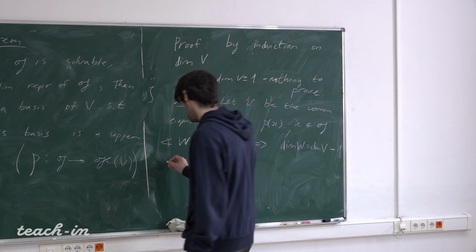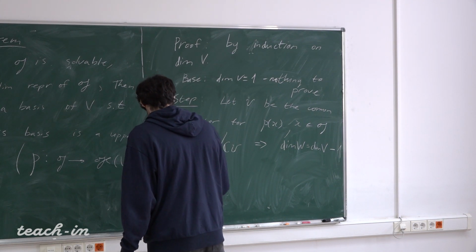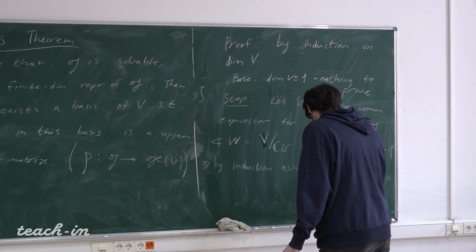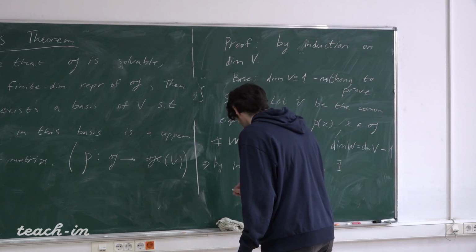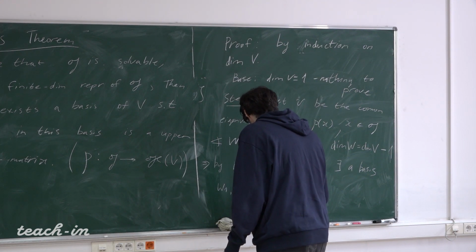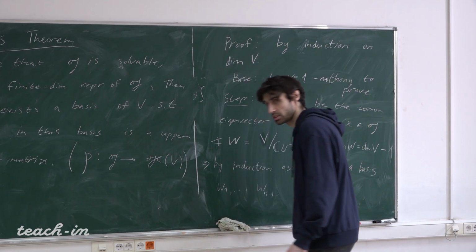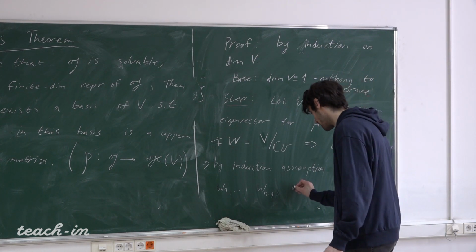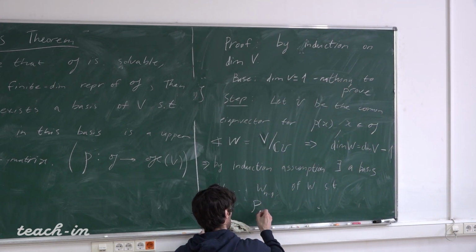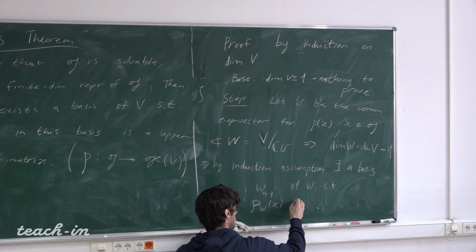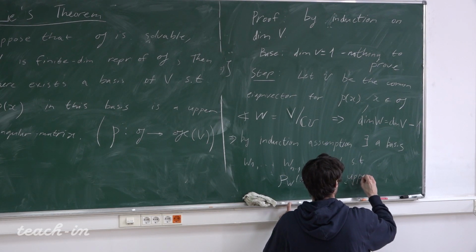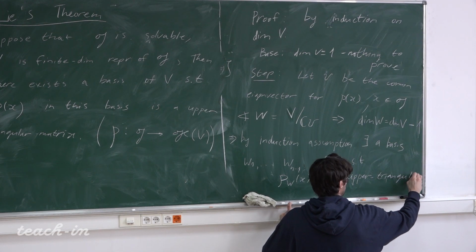Then by the induction assumption, there exists some basis w1 and so on. Say the dimension of V is n, then we have n minus 1 elements in the basis of W, such that rho corresponding to W of x is upper triangular for every x in G.